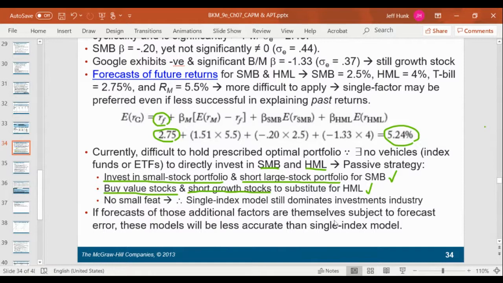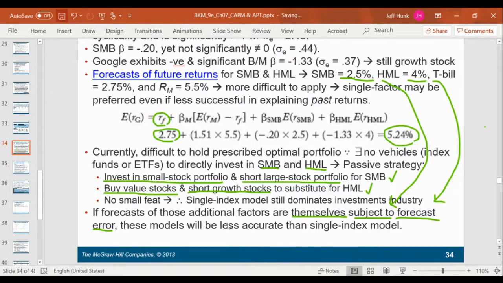If forecasts of these additional factors are themselves subject to forecast error, then these models will be less accurate than a single index model.